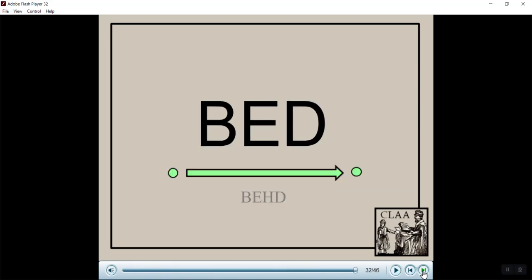Here is a Middle English word with a short E. Let's read this word together. Bed, bed, bed. Do you hear the short E? Bed, bed.